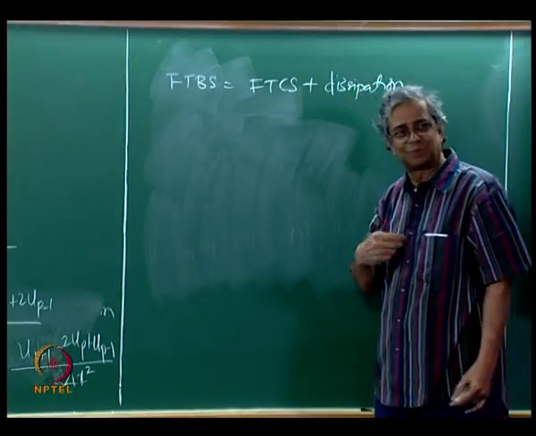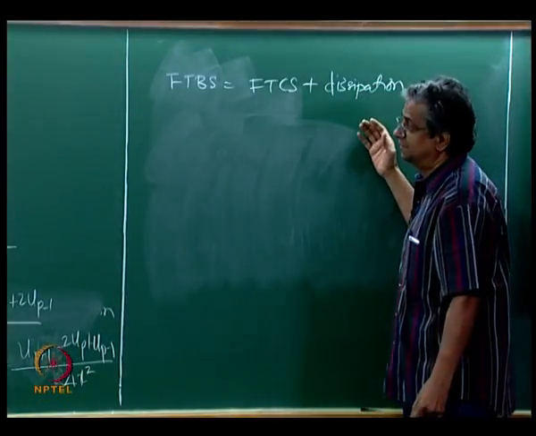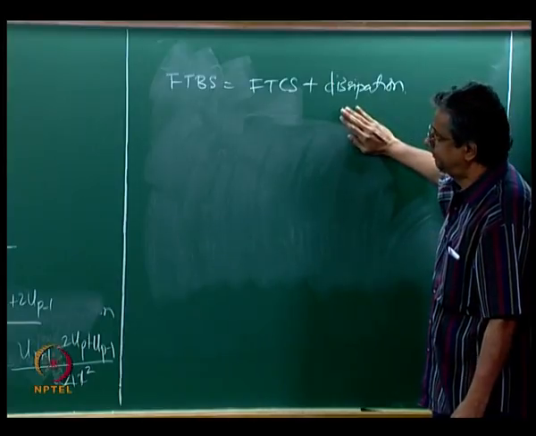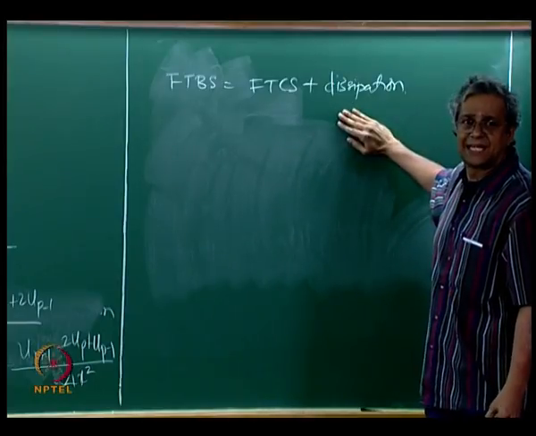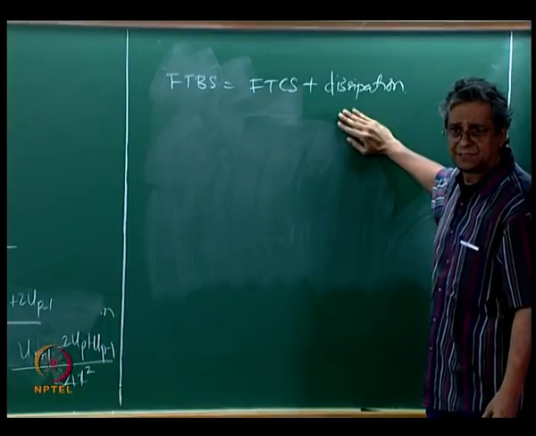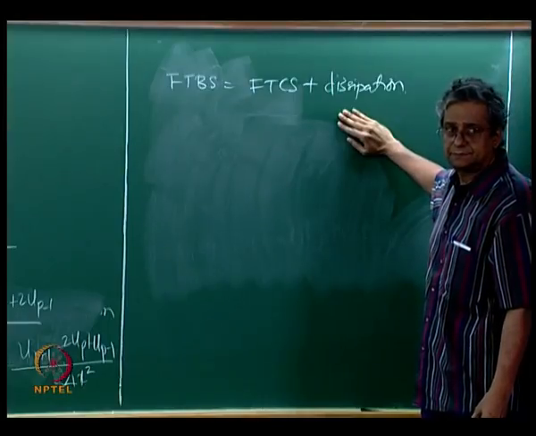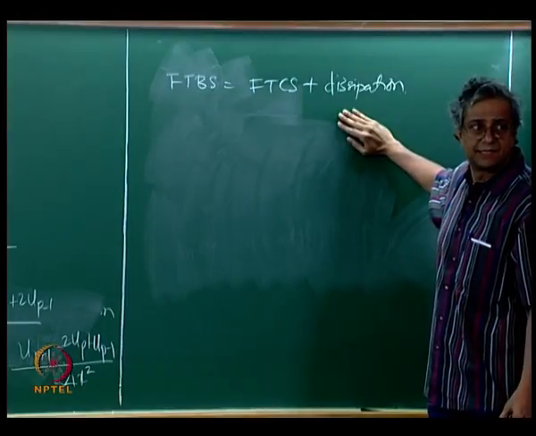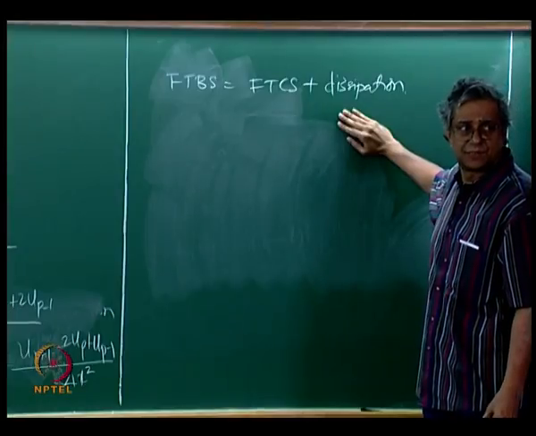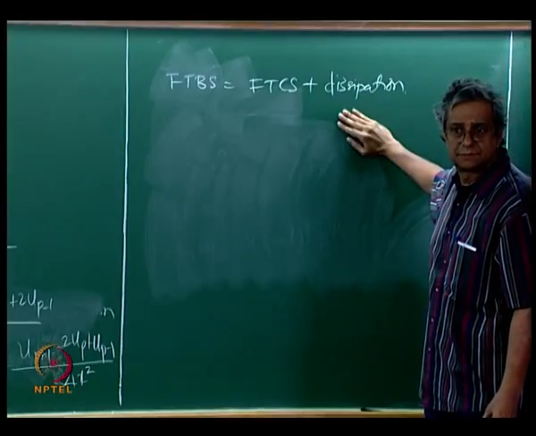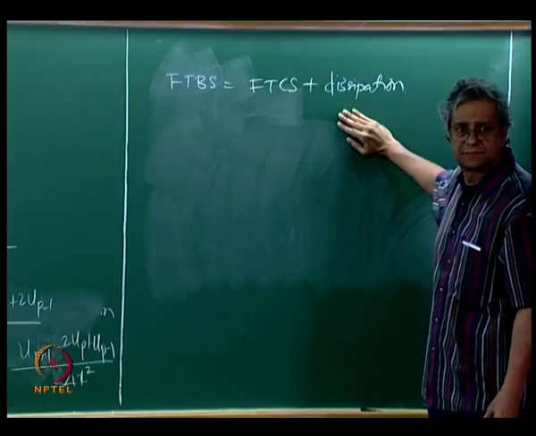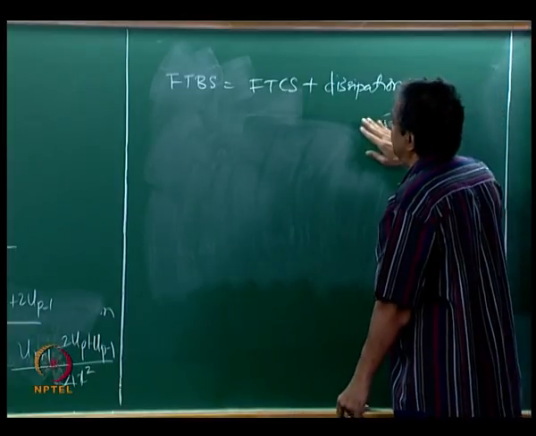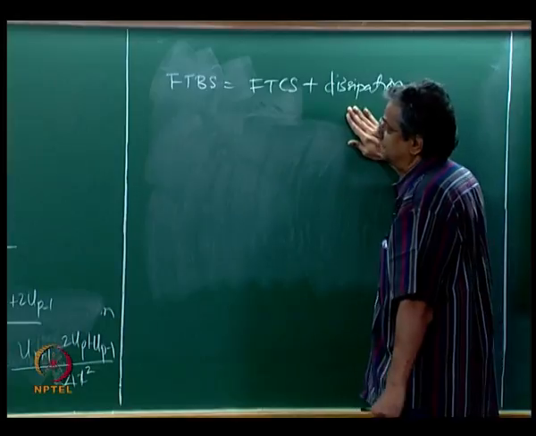That is one possibility, but right now we do not go that far. We basically say, I can take FTCS and I can add any amount of dissipation that I want to it. I can take FTBS and add any amount of dissipation that I want to it. Is that fine? That is what it seems to say.